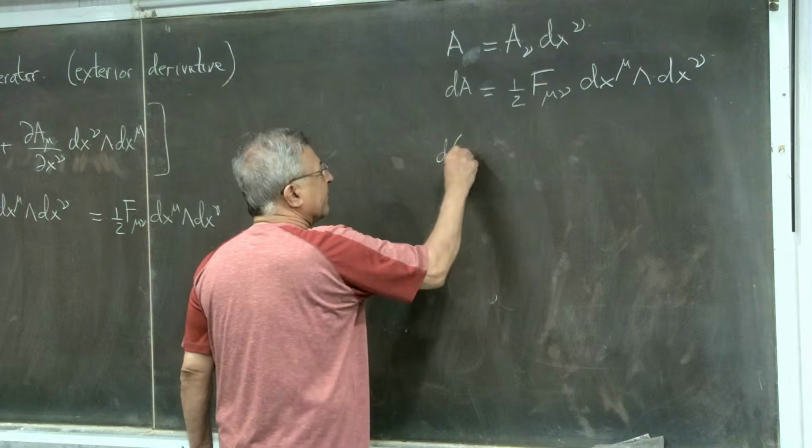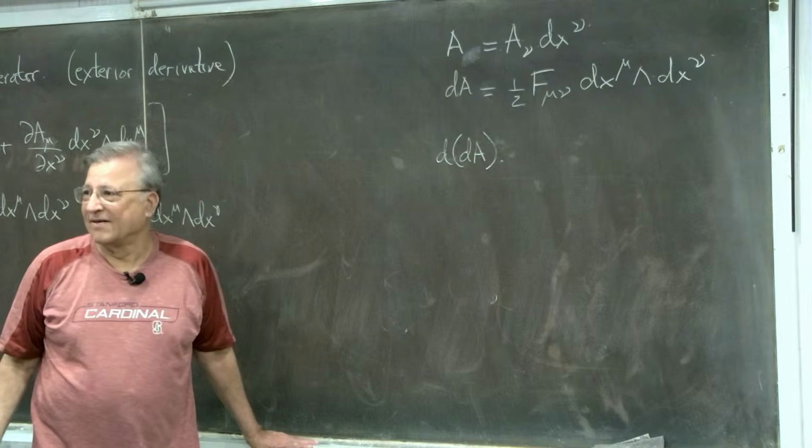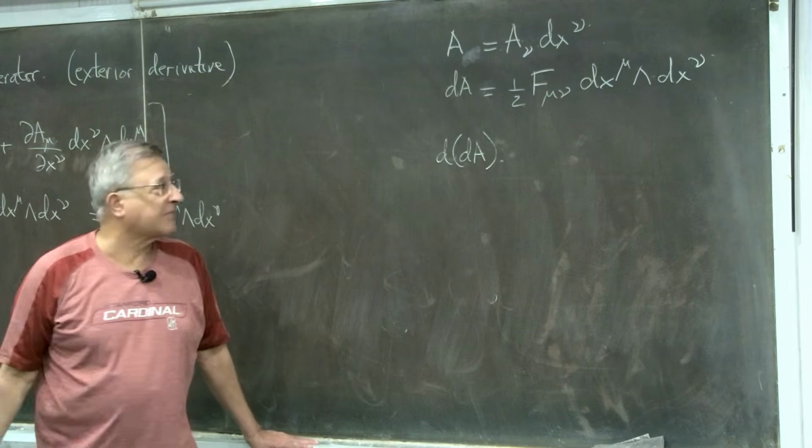Because if I take d of dA, because d squared is 0.